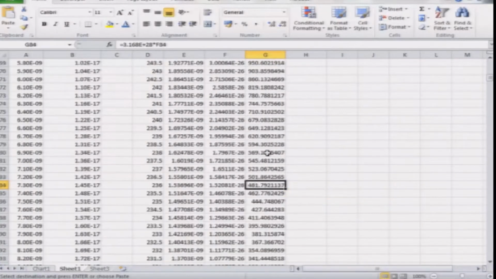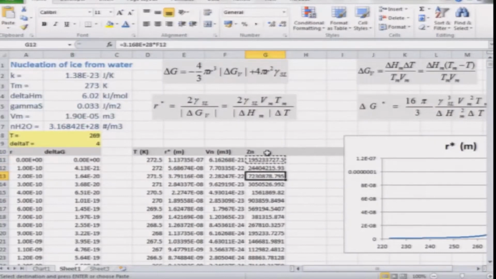In fact, at an undercooling of 50 degrees, the number of molecules involved is close to 200, as compared to an undercooling of just a degree, where 24 million molecules would be required to form a critical size nucleus.